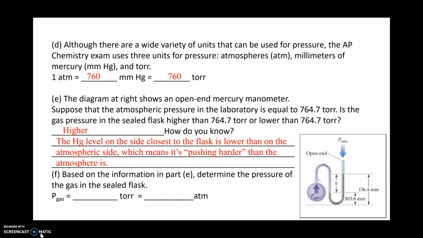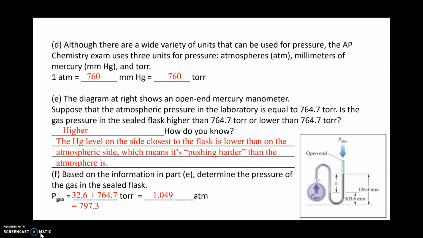We can do that by looking at the difference in height of the two legs of mercury on the left side and on the right side. We can see that one of them is 103.8 millimeters, and on the right side it's 136.4 millimeters. If I take the difference in those two numbers, I get 32.6 millimeters of mercury.